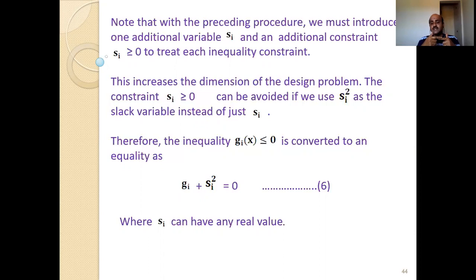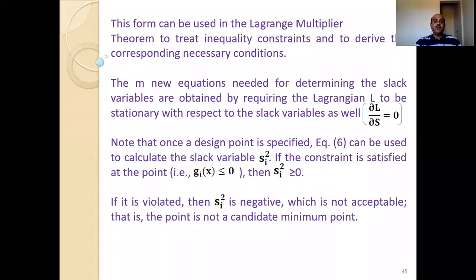In such a case, the inequality Gi of x less than or equal to 0 is converted into Gi of x plus Si square is equal to 0. Please take this as equation number 6, where Si can have any real value. This is one important procedure.